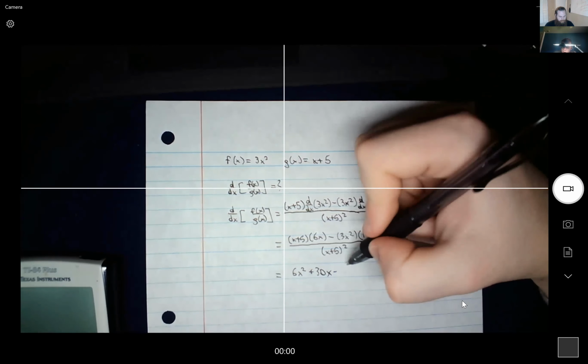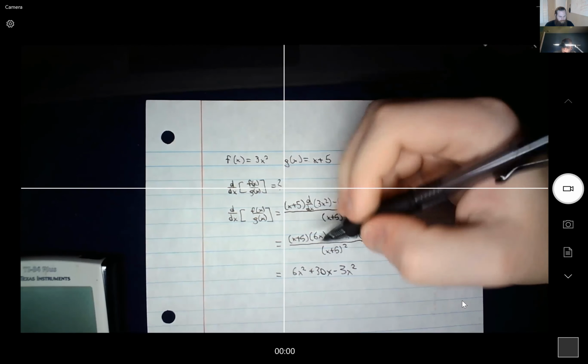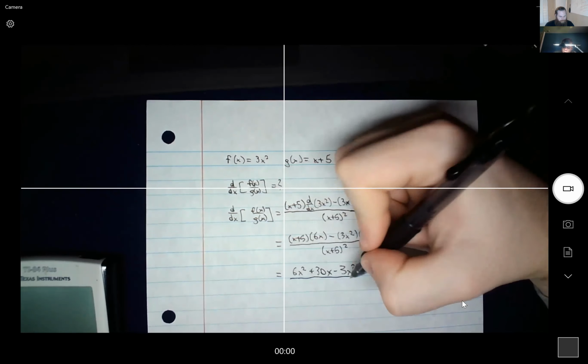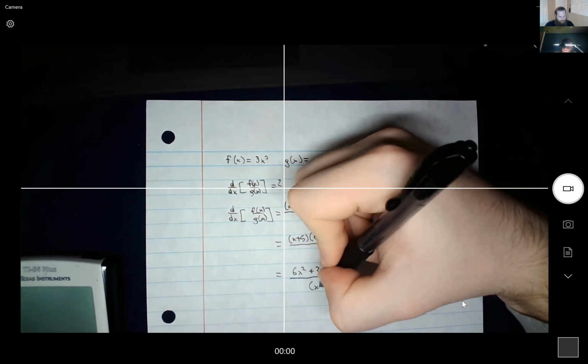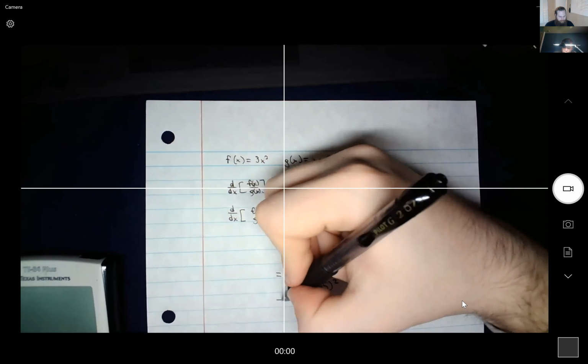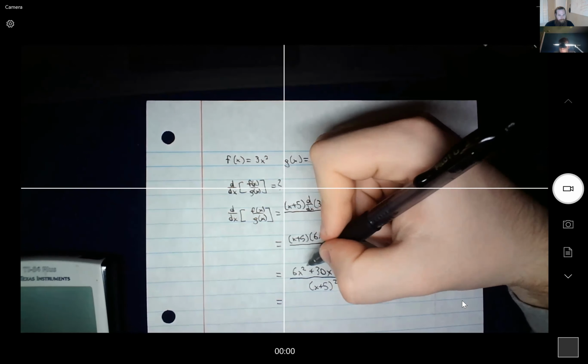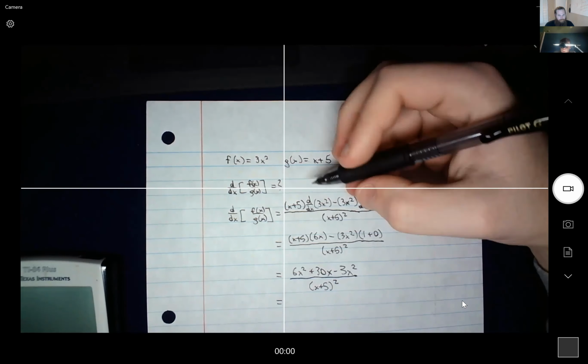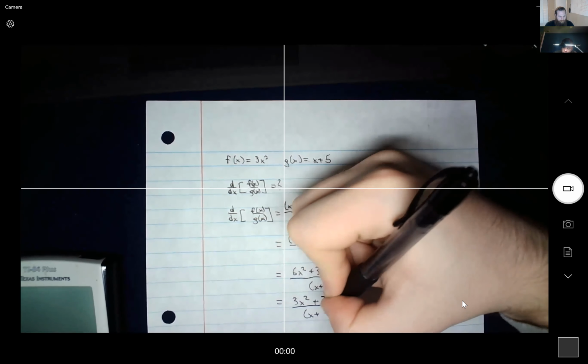Since it's being subtracted, minus 3x squared, all over x plus 5 squared. Then combine 6x squared minus 3x squared, that'll be 3x squared plus 30x all over x plus 5 squared.